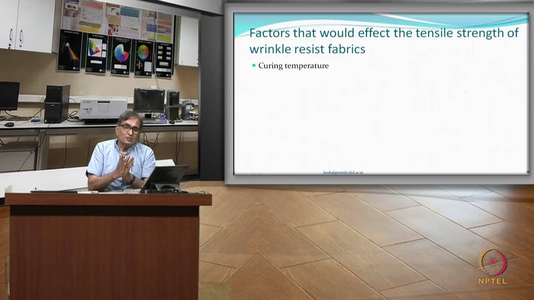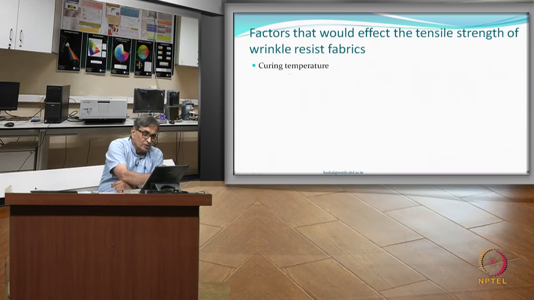So, before we answer this question, we should also try to find out what type of factors, what conditions actually are being used for processing. One important thing we know is that during curing, we do increase the temperature.